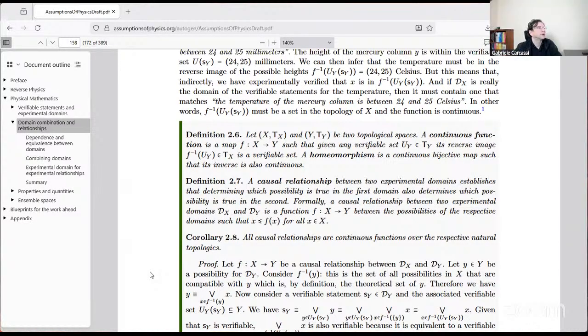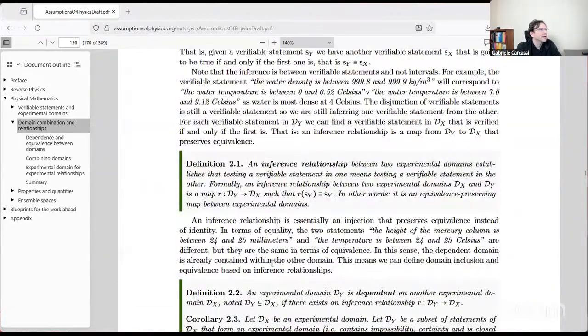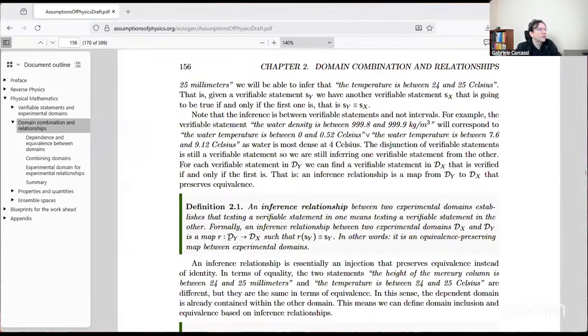So I want to again note the difference in definition. In the inference relationship, we go from DY to DX, and we have an equivalence through the map.